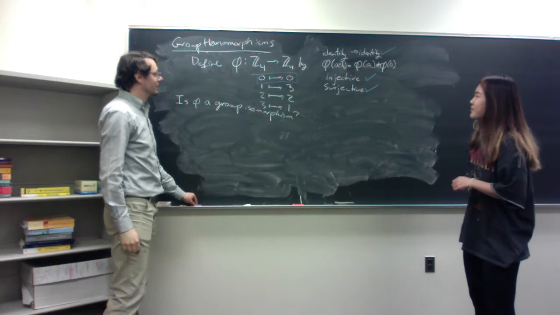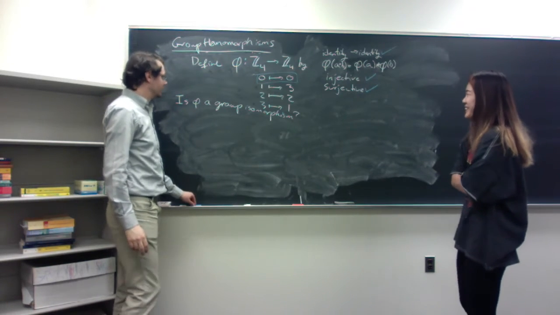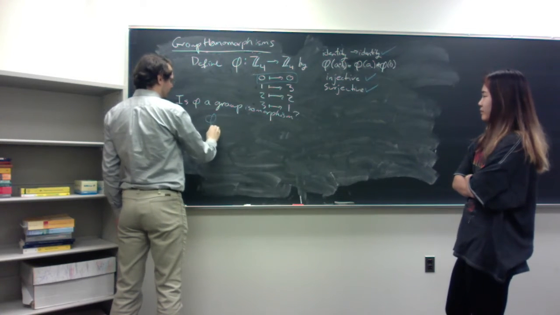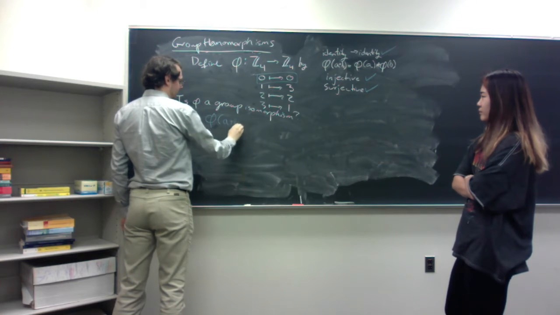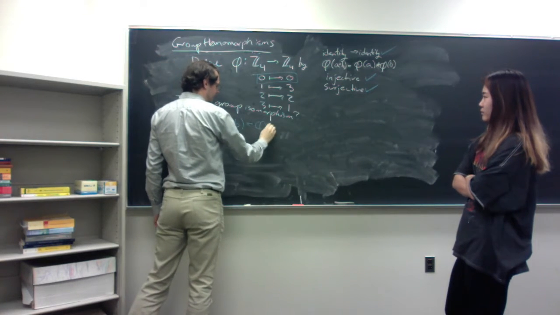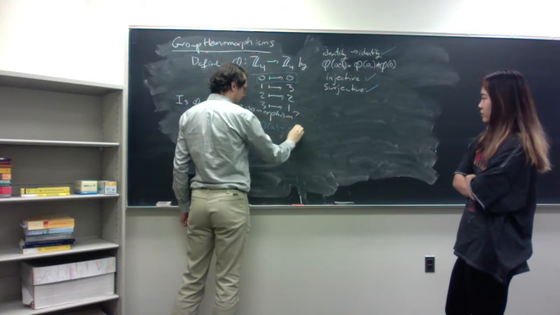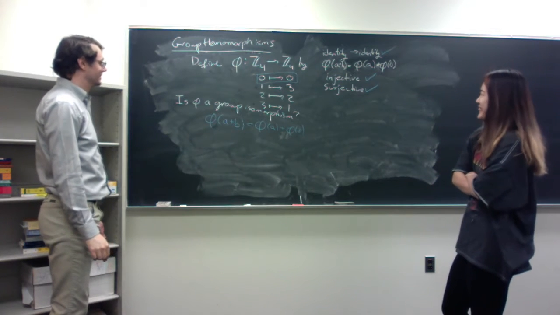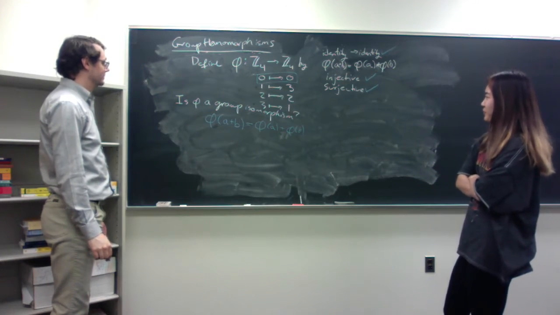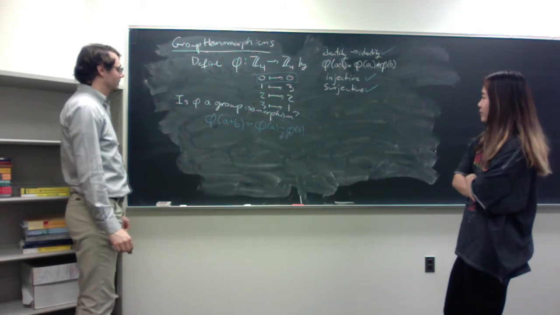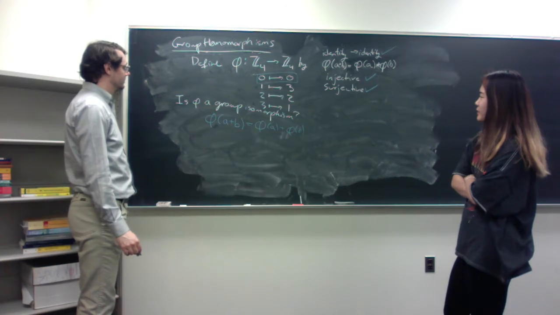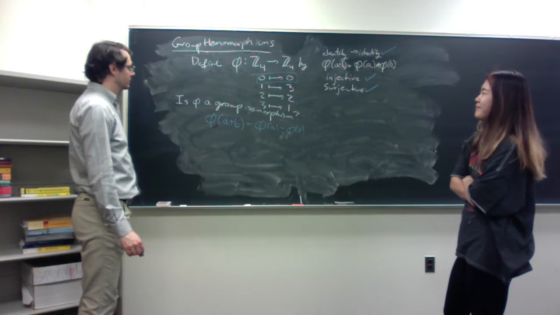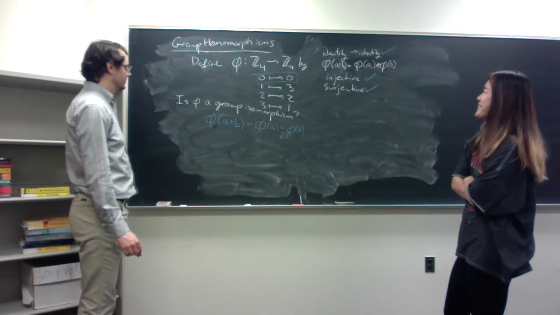Okay, so we really just have to check this last property. I want to show that if I take two of these things and I add them together, phi of A plus B equals phi of A plus phi of B. So if at least one of the two things is 0, it's obvious. That holds.